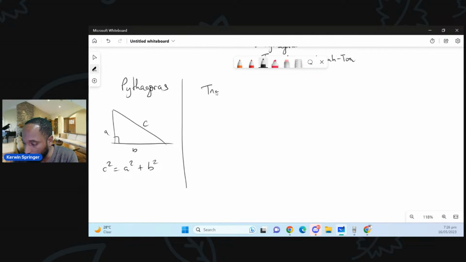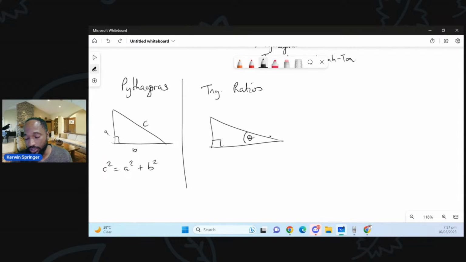And the trig ratios, or trigonometric ratios, trig ratios for short because nobody likes to write trigonometric. The trig ratios are used when we have an angle involved. So it's still a right angle triangle, but an angle is involved, and you could find the length or the angle itself.